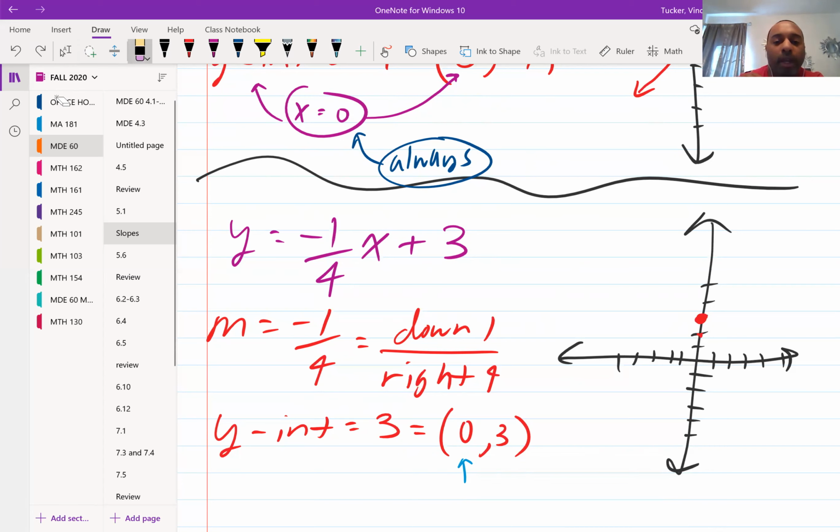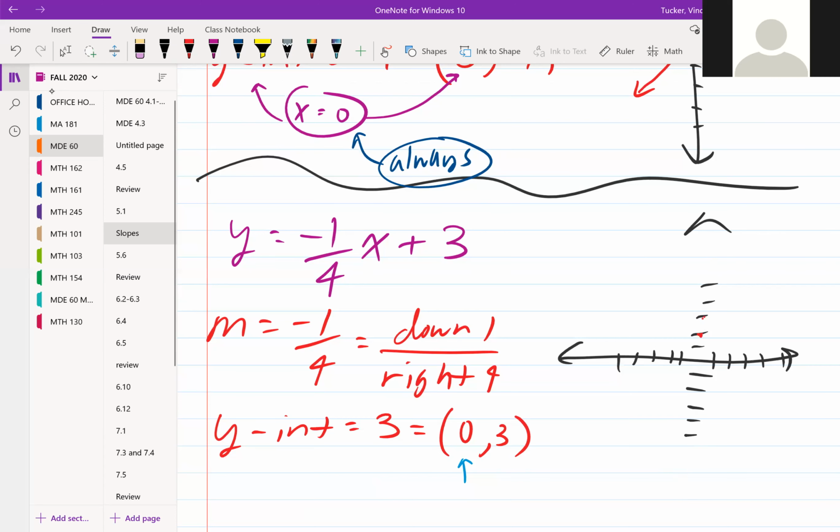And our y-intercept is 3. And don't forget, since it is a y-intercept, that means the x component of the point is going to be 0.